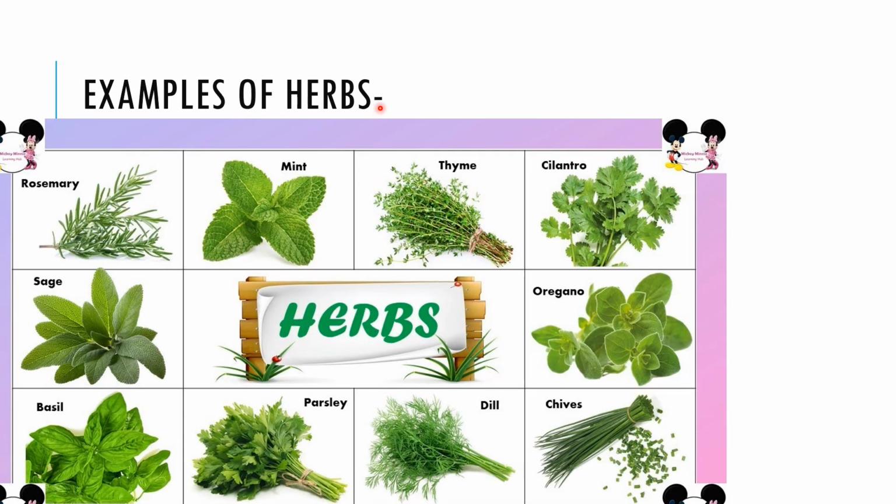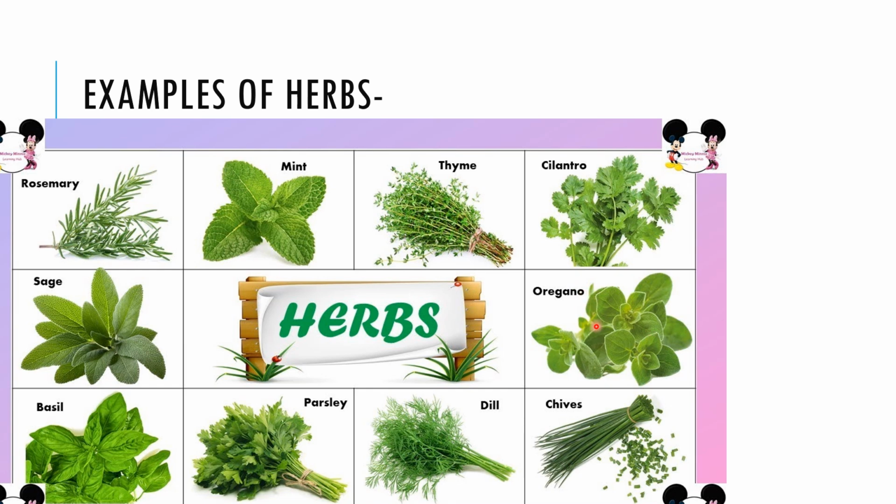Examples of herbs are used day to day in our kitchen. We use them very often because of their medicinal and aromatic properties, like mint or basil leaf. Some of these are very common, like rosemary and oregano, which you must have used while eating pizza.